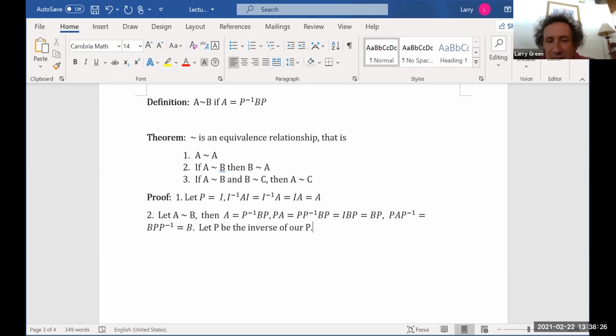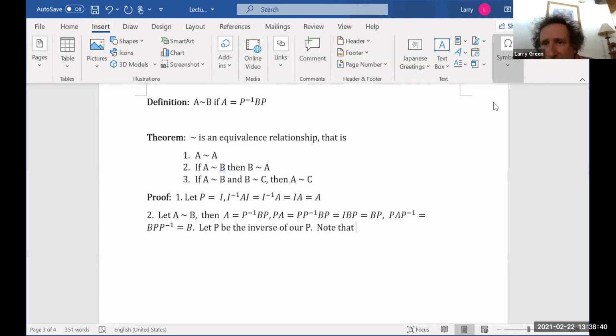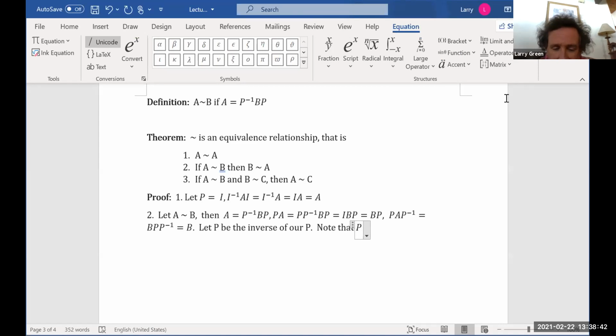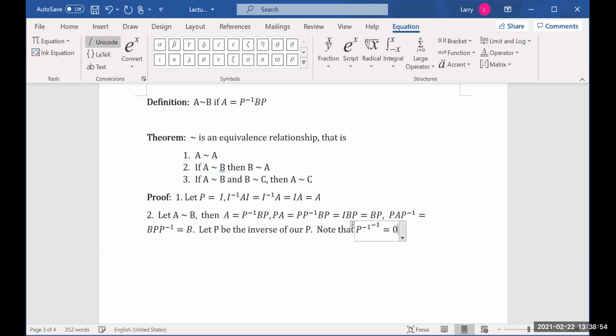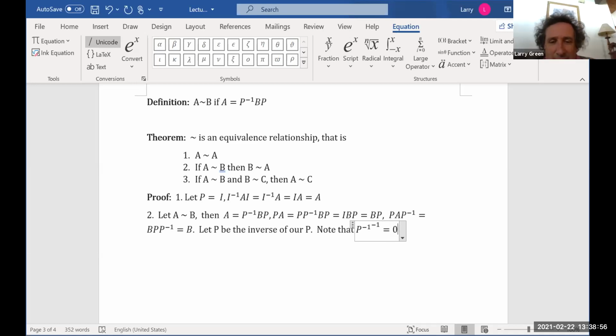And P inverse is what? So what is P inverse? P. Just P. That's P. We had that theorem a long time ago, that the inverse of the inverse is the original matrix.